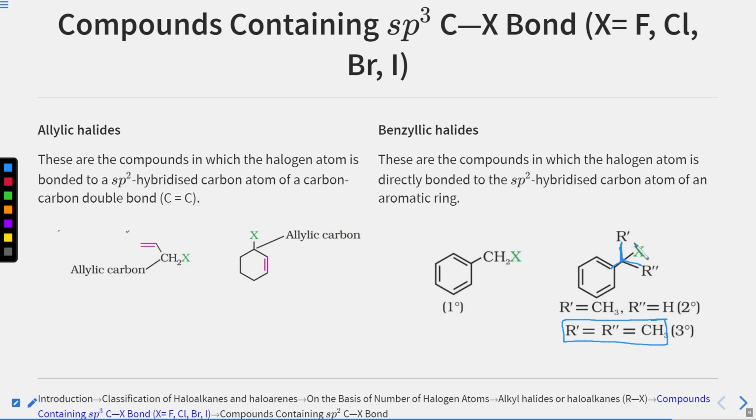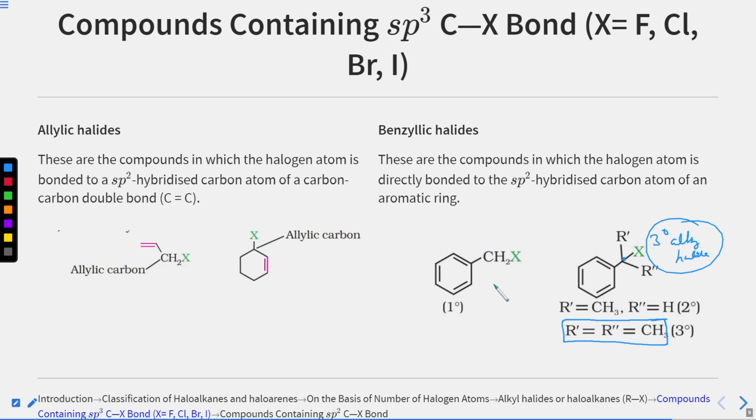Then in this case, we will call this carbon 3 degree, or a 3 degree alkyl halide. Is this clear? Okay. Now, next thing, I want to make a point that this is called a 3 degree alkyl halide.